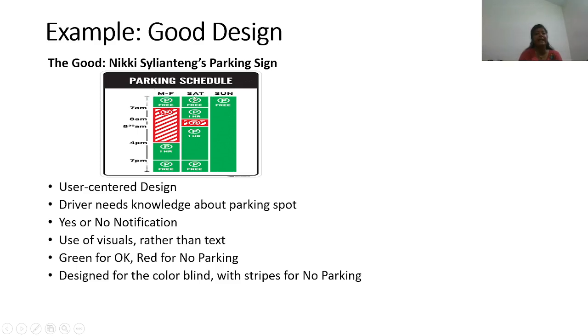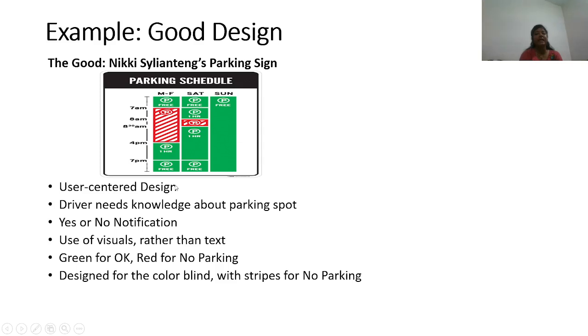Then for the weekend, Saturday and Sunday, again the parking instructions are considered, and vertically the timings are shown: 7 a.m., then 8 a.m., then 8:15, 4 p.m., 7 p.m., likewise. It is shown whether the parking is available with green and parking unavailable with red, so that the user will get an easy idea.